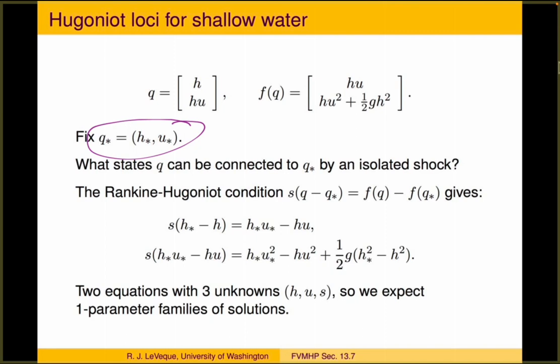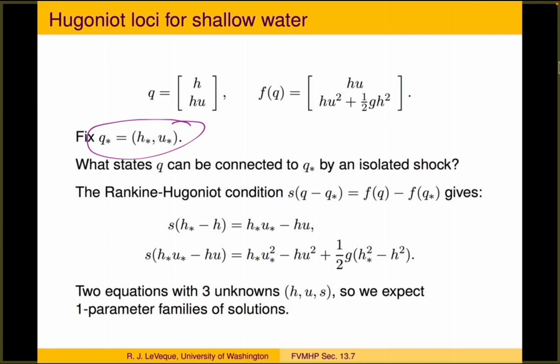Here I'm looking at the phase space in terms of H and U rather than H and HU. You can do this in terms of H and momentum, but it's often easier to think in terms of depth and velocity, the primitive variables, the natural variables we might want to be plotting. So again, this is the Q and F for the shallow water equations.